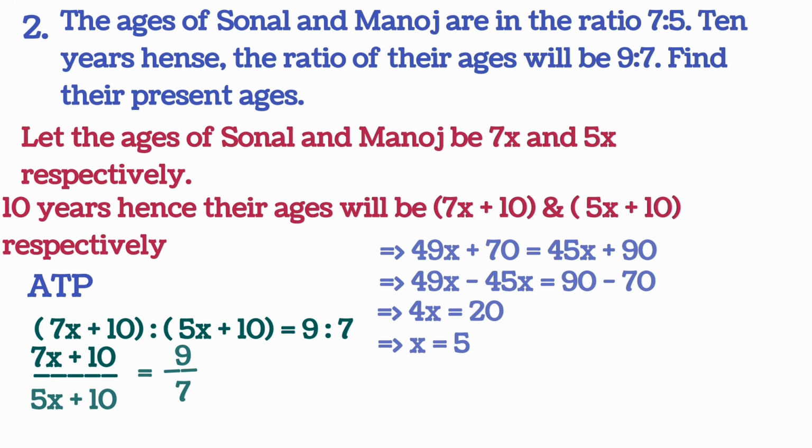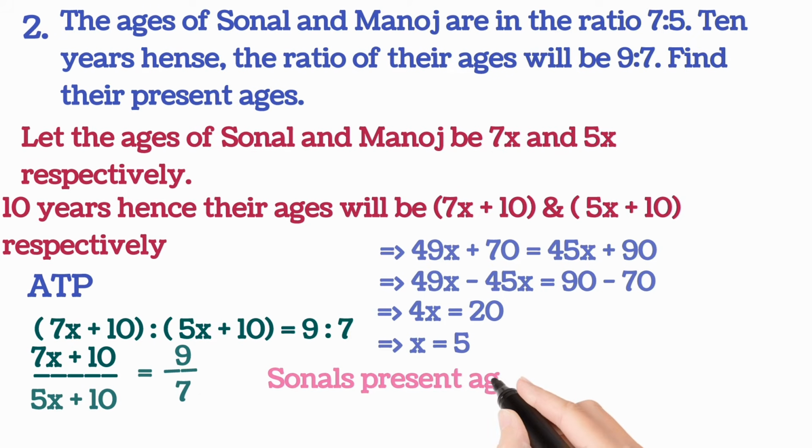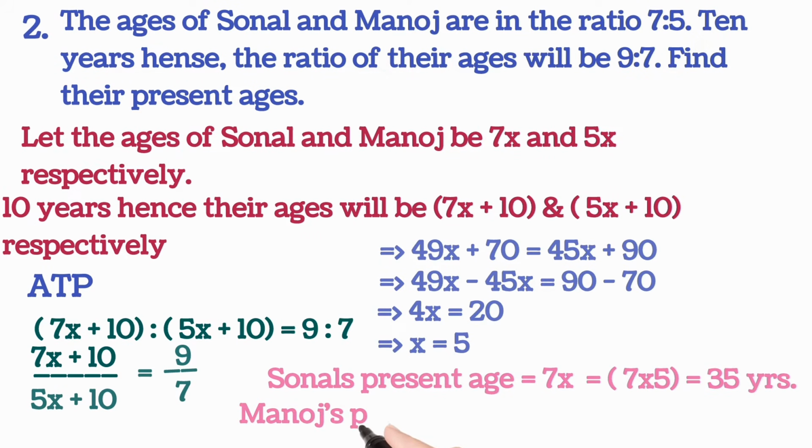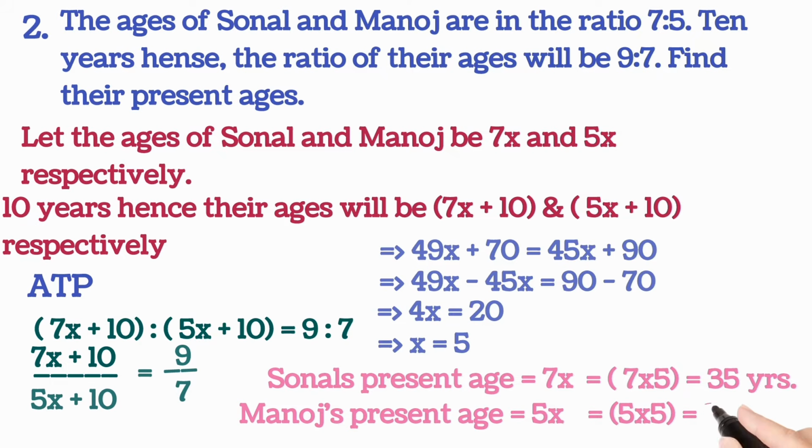Easily now you can find their ages. Shunal's present age is 7x, that means 7 into 5, because the value of x is 5, so 35 years. And Manoj's present age is 5x, so 5 into 5, just 25 years.